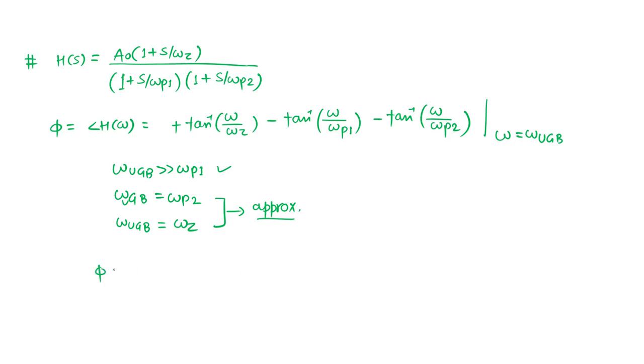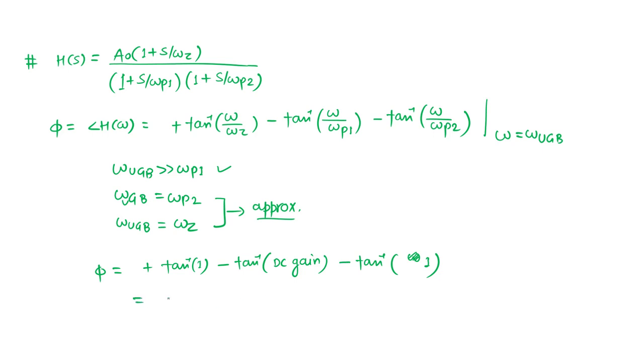This phase will come out as plus tan inverse 1, minus tan inverse of a large value, or I should say the DC gain, which we have seen on the previous page, minus tan inverse 1, because we have considered omega p2 is omega UGB.